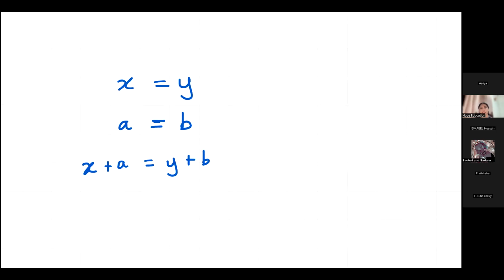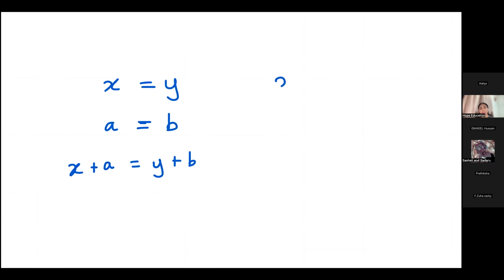Okay. Then if you take x equals y, a equals b, now they are both equal, no? And x minus a will also be equal to y minus b. Since they are separately equal, if I subtract one equal set from another equal set, the final answer will also be equal. This is another axiom.